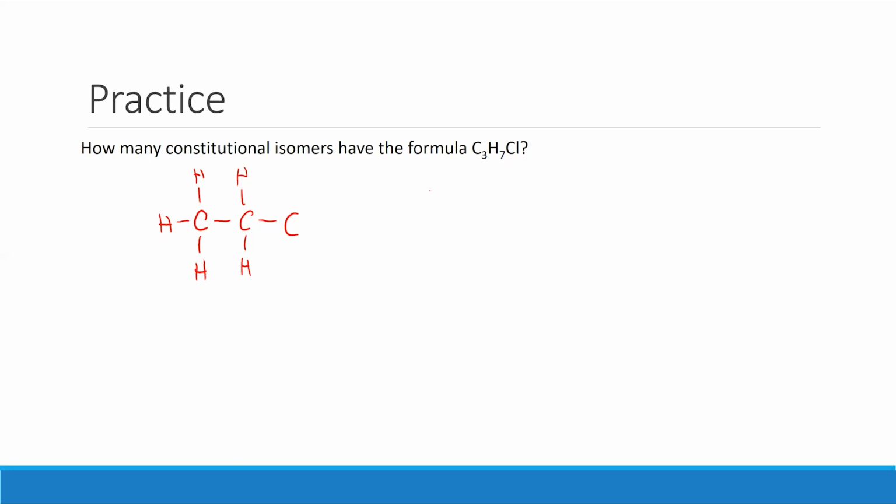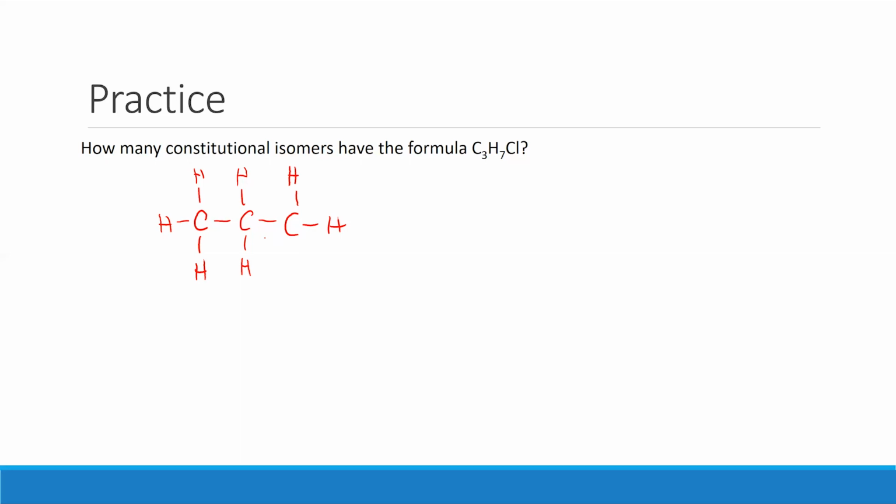This last carbon is making 1 bond. That means that it's open to 3 bonds. Now I only have 2 hydrogens left. I've used 5 of them. So I'm going to put 2 of them here. Here's a hydrogen, and here's a hydrogen. That's 1 spot left open for this last carbon to make a bond.